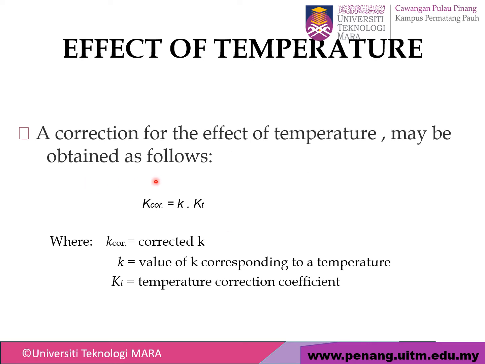The correction for the effect of temperature may be obtained as follows. K corrected, or permeability correction, is equal to K times KT, where K is the value of K corresponding to a temperature and KT is the temperature correction coefficient. For KT you may refer to the table.